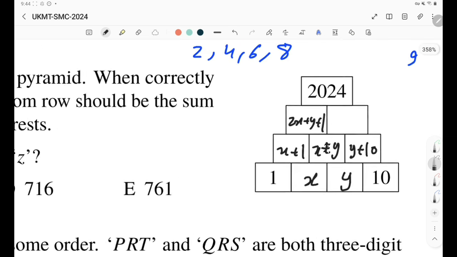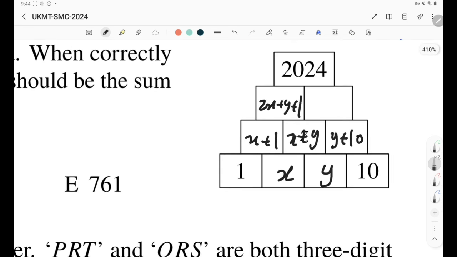Let's zoom here. And this number is going to be 2Y plus X plus 10. And of course we have that 2024 is the sum of the numbers below it. So that gives us an equation: 2024 is the sum of these guys. And these, if you add them, are 3x plus 3y plus 11. So let's subtract 11 from this: 2024 minus 11 is 2013.